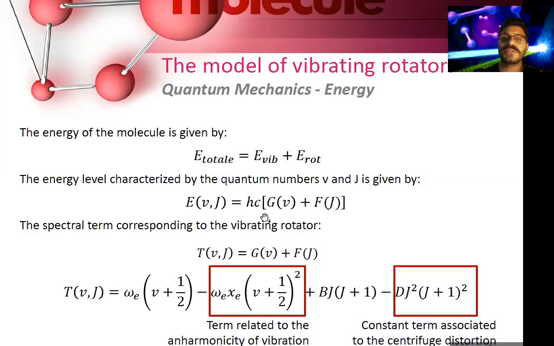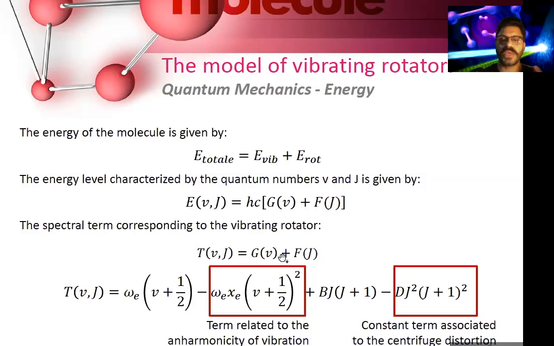So in terms of nu bar, in terms of centimeter minus 1, we would write that E over hc is G(v) plus F(J). So G(v) is the spectral term for the vibration, and F(J) is the spectral term for the rotation. Now we call this sum T. So T is G plus F.